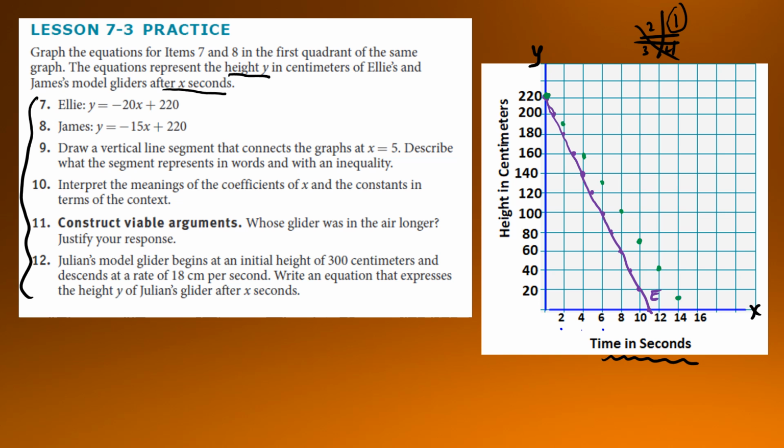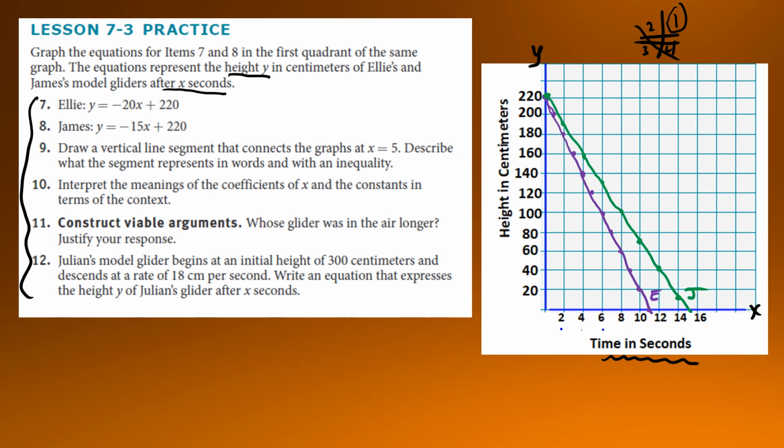And it looks like his is down sometime before 16 seconds, so maybe even 15 seconds, it looks like. Let's see here. All right, not terrible. So that's James.